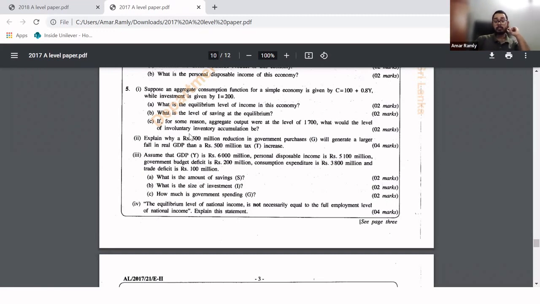So guys, I'll give you a hint for part A. It's what we were doing just before. That whole link between consumption and savings. That's what happens in part A. So guys, remember when you're sending answers, if you're not sending in order, just let me know what is what.